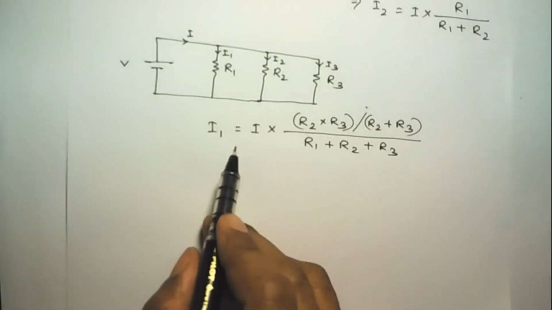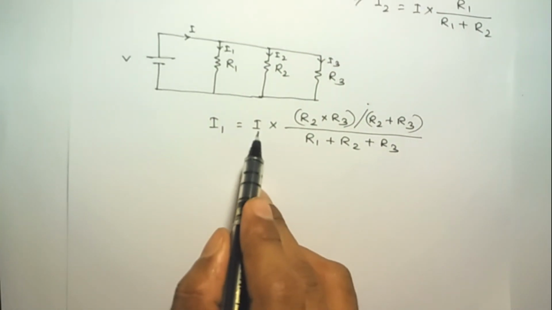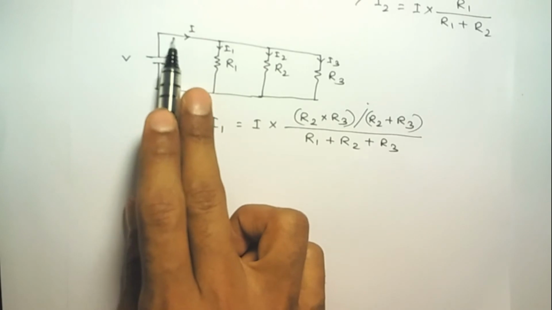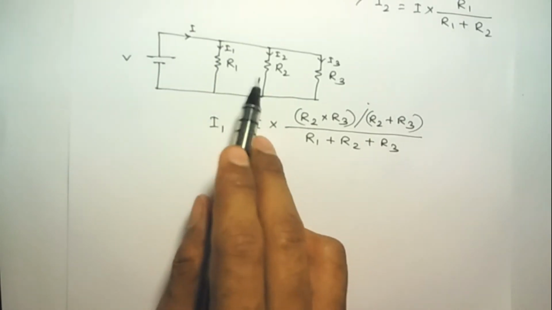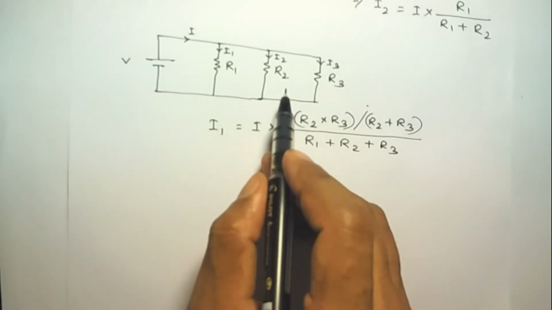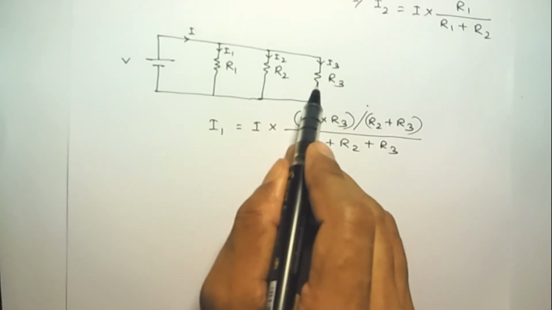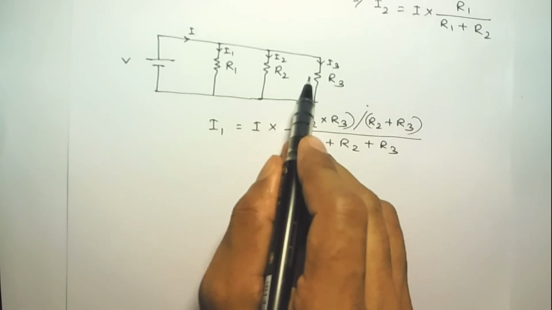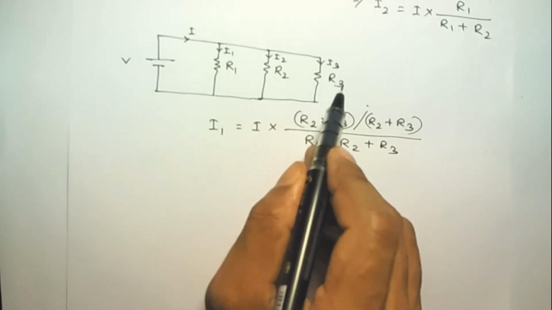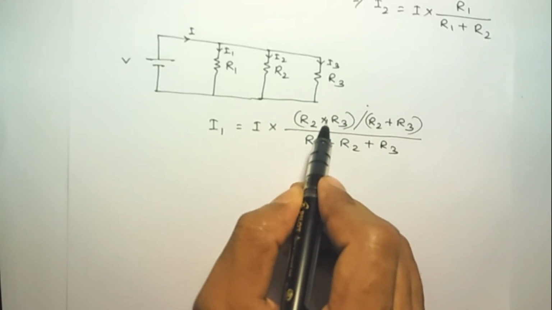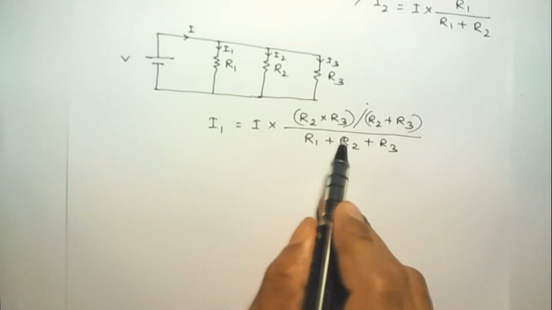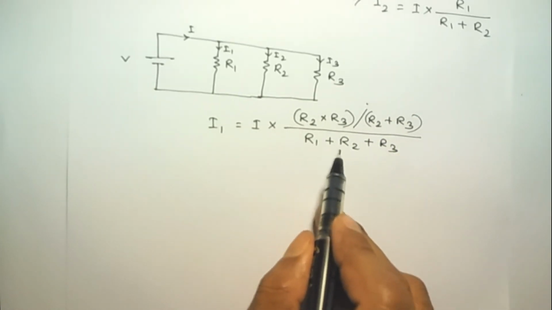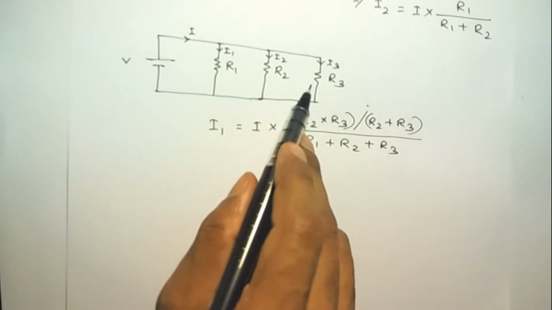Here also I1 equals I, the total current that flows through this path, multiplied by the other resistances, that is R2 and R3 in parallel. So R2 and R3 in parallel means R2 into R3 divided by R2 plus R3, divided by R1 plus R2 plus R3, that is the total resistance.